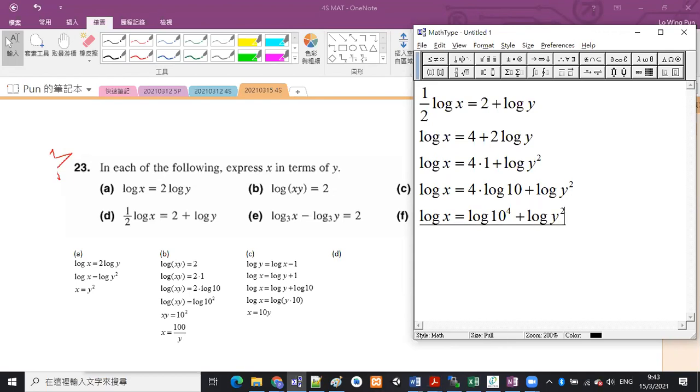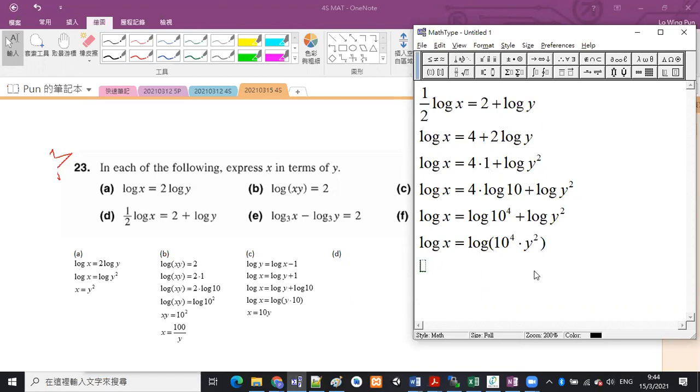And the right-hand side, we have log m plus log n format. So we can change it to log bracket m times n. So that should be 10 to the power 4 times y squared. Okay, can you see that from first step to the last step here, I have successfully made the left-hand side and right-hand side become one single log.